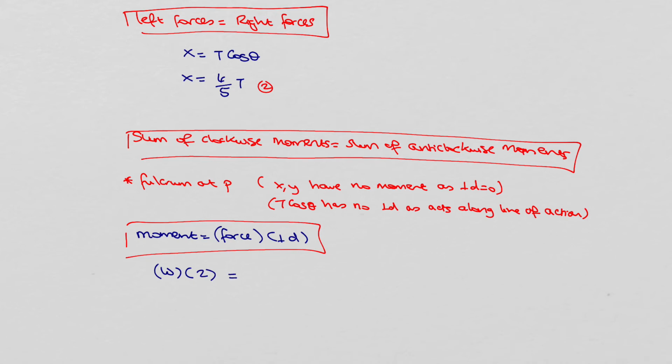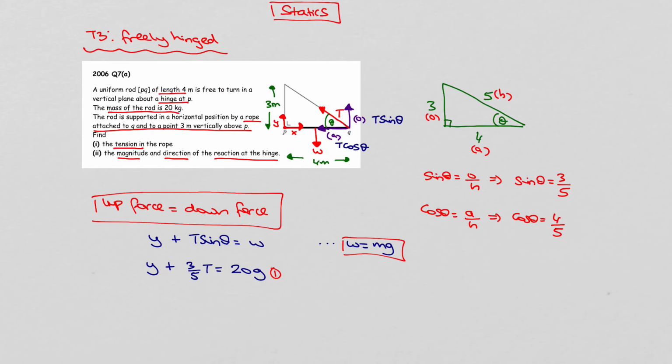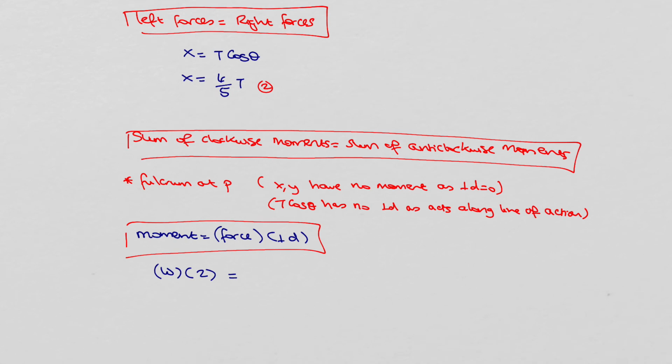And that must equal the anticlockwise moment, which is T sine theta. And because T sine theta is acting directly up at Q, the perpendicular distance from Q to P is the length of the rod, which is 4 meters. So therefore that's going to be 4 times T sine theta.